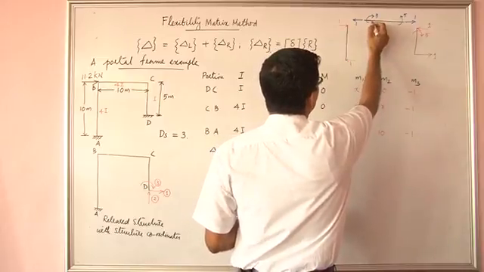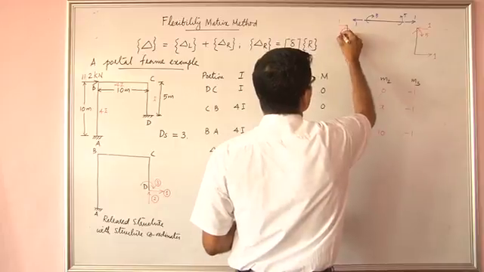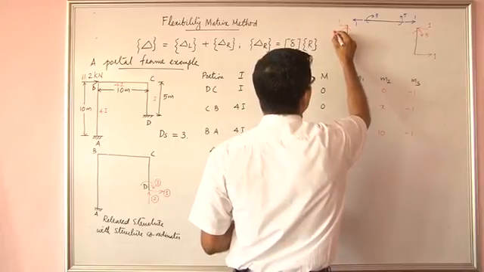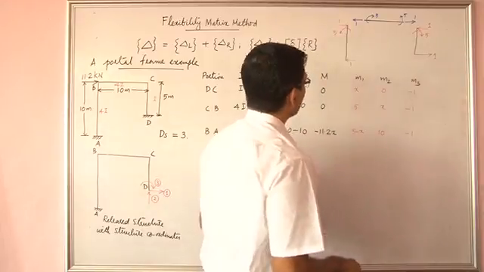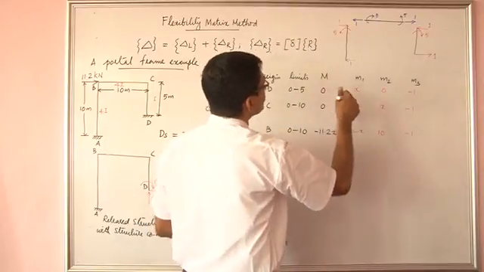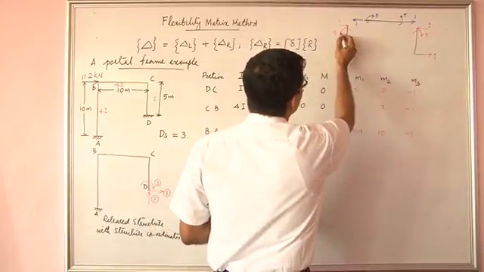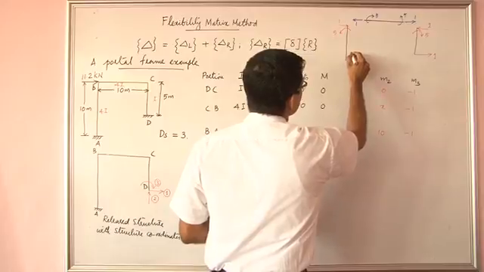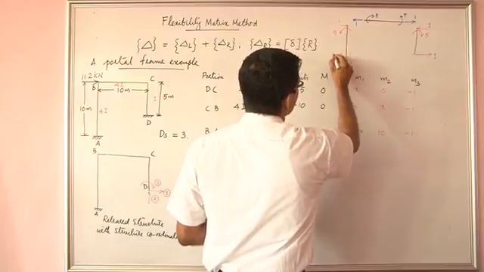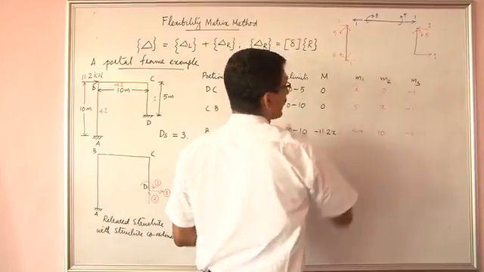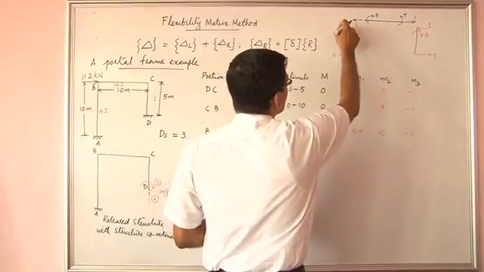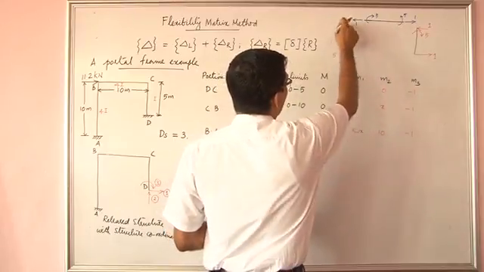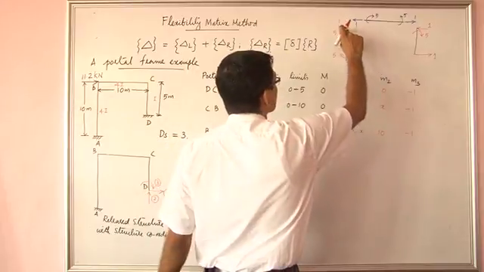This moment is going to be transferred as an anti-clockwise moment, and for equilibrium, sigma M equal to 0, we will be having a moment 5 to equilibrate clockwise over here.